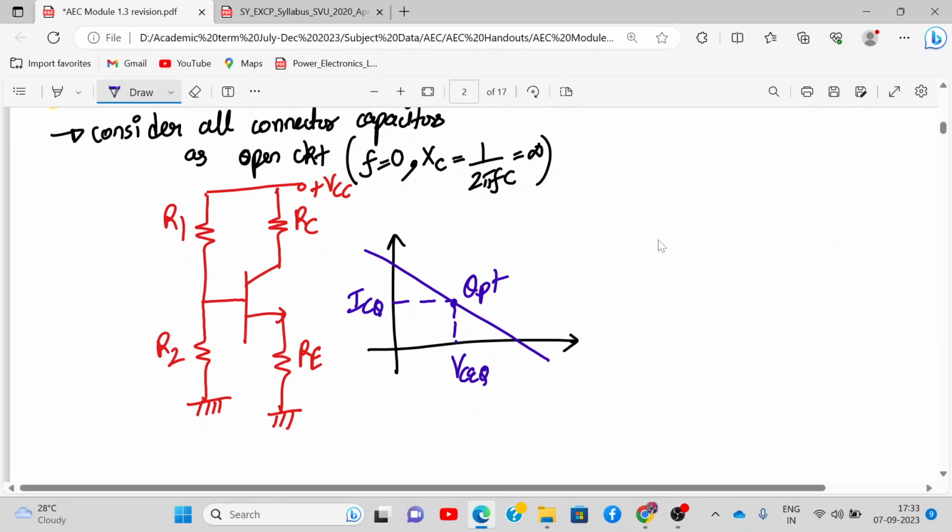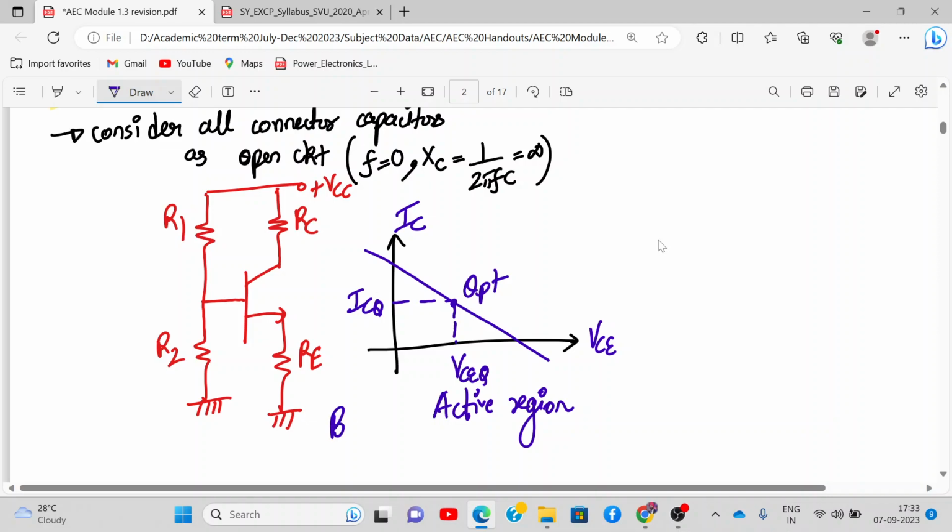If the Q point shifts towards the upper side, it is going into saturation, and if it shifts to the bottom side, the transistor is going towards the cutoff region. So you should operate it in the forward active region always. This biasing makes the transistor operate in the active region.